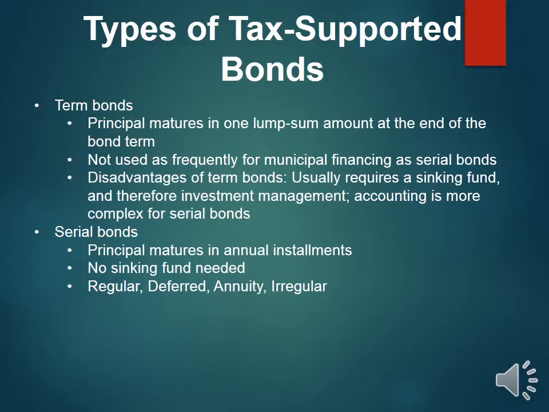There's an annuity type where the principal amount gradually increases throughout the term of the bond, kind of like your mortgage does. And there's an irregular type, where it doesn't fit into those other three categories. The one we're going to talk about the most in the class is the regular serial bond.